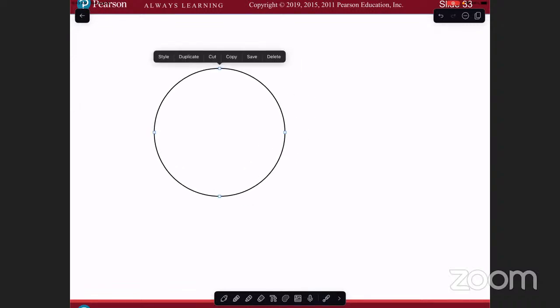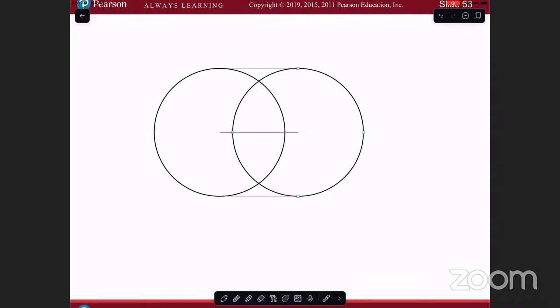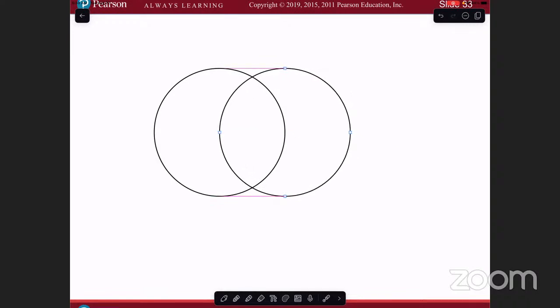So what we're going to do here, we're going to create a Venn diagram. So let me start with the circle. I feel like that's a decent size. Let's copy and paste. That's decent.